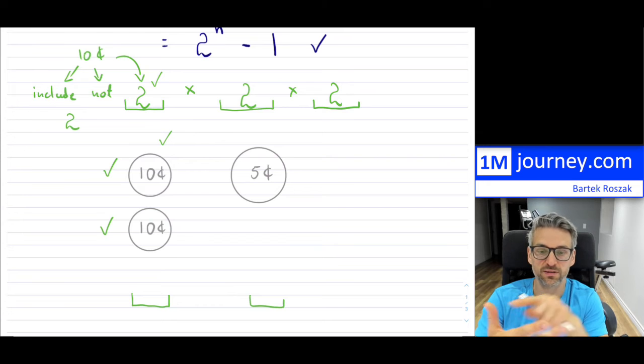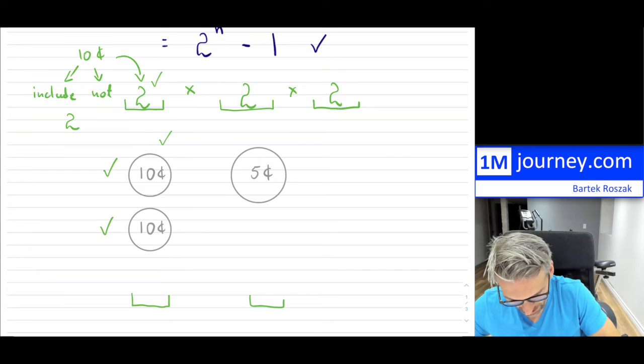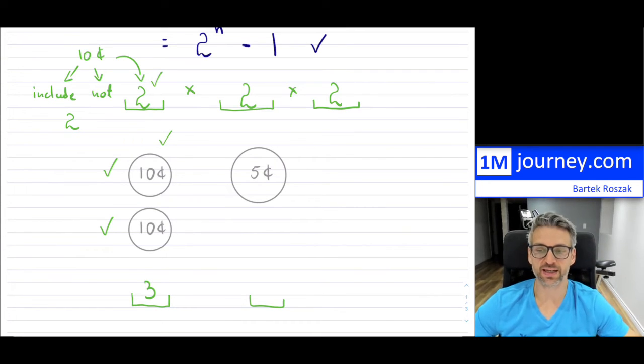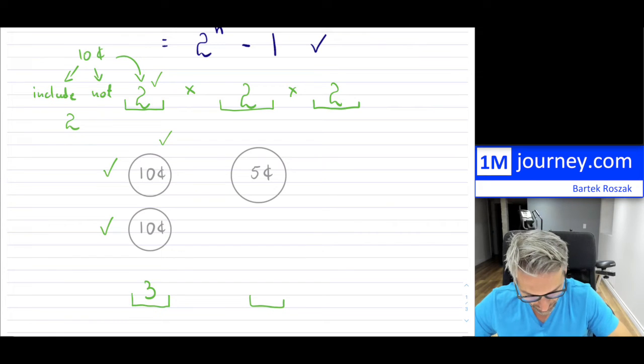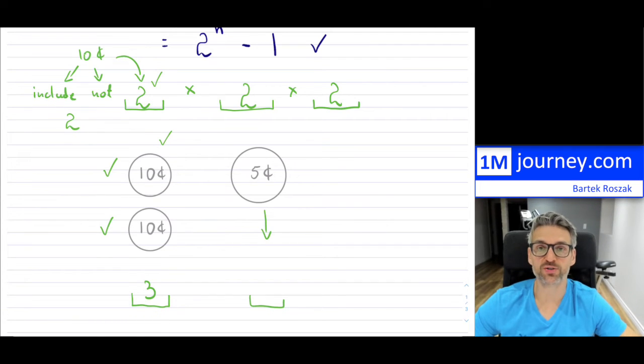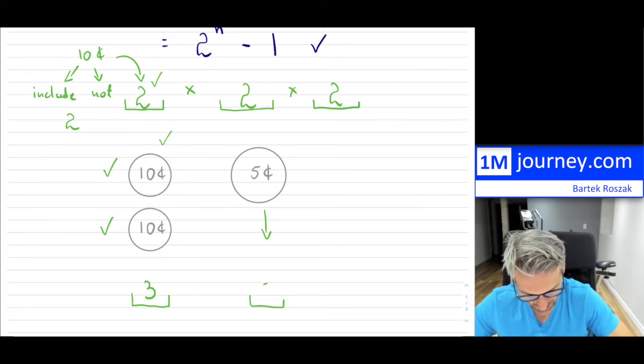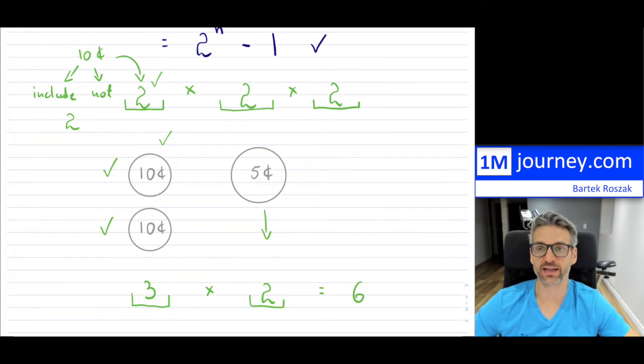Don't include it, include only 1 of them, or include 2 of them. And then for here, I only have 1 coin, so I can either include it or not include it. So this still sticks with 2. That means this is going to be 6 total possibilities, and I can list them all if I wanted to, but it's much easier to think of it this way.